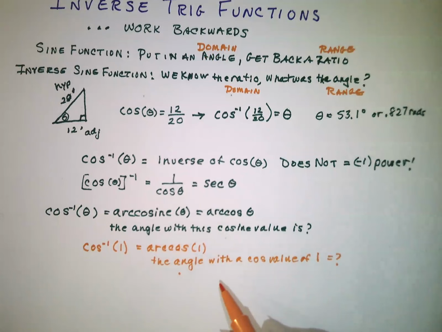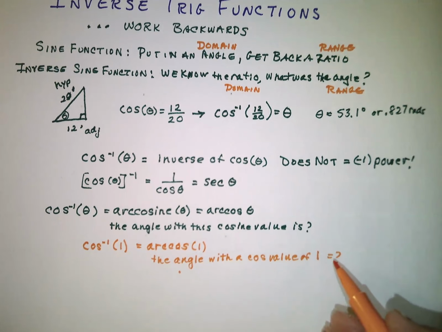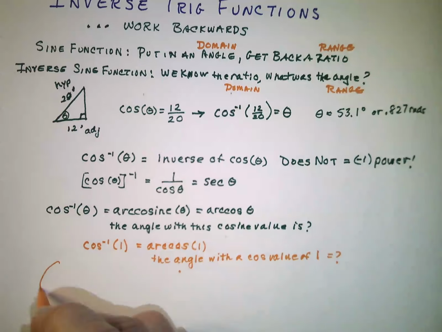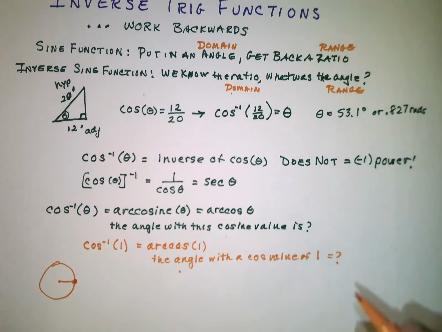Because cosine, that's the x divided by the radius. And when the x divided by the radius is 1, that means that the x value is also 1. And on the circle, that's going to happen right here. This angle would be 0 degrees.